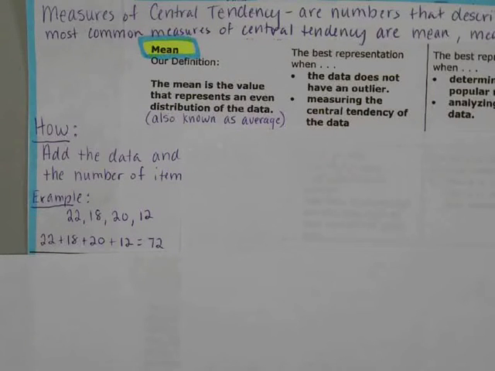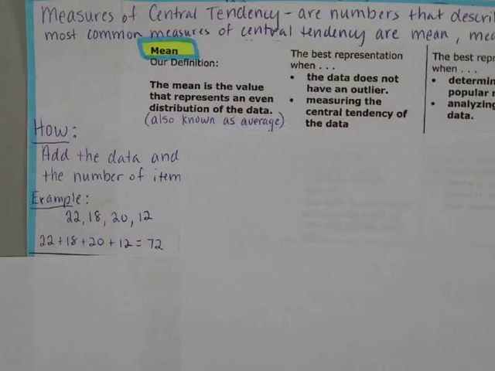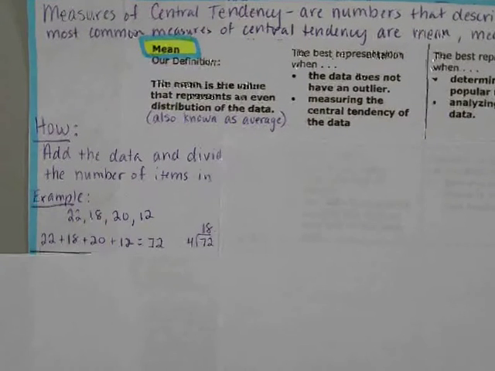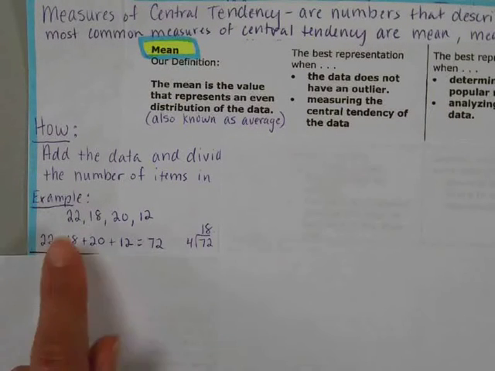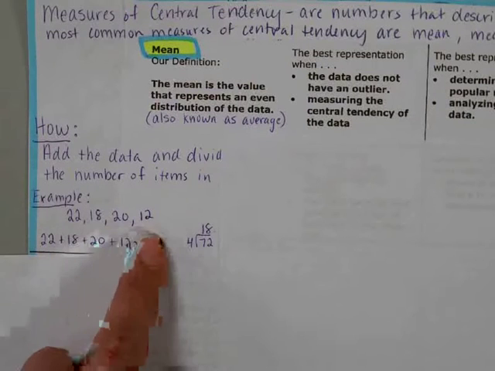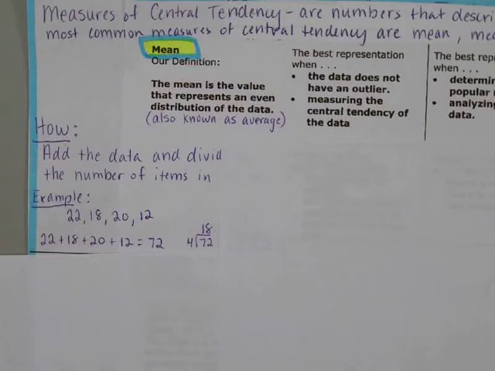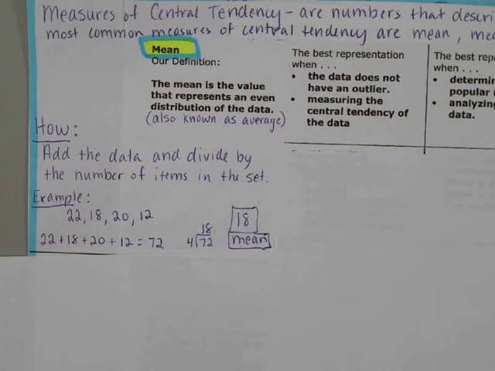The next step is to divide by the number of items in the data set. So we're going to take 72 and divide by 4 because there are 1, 2, 3, 4 numbers in the data set. 72 divided by 4 is 18, so our mean is 18.